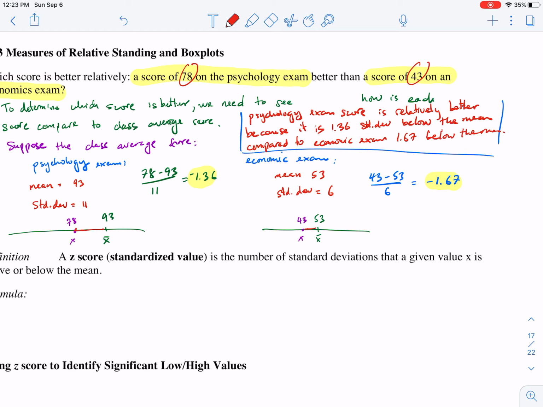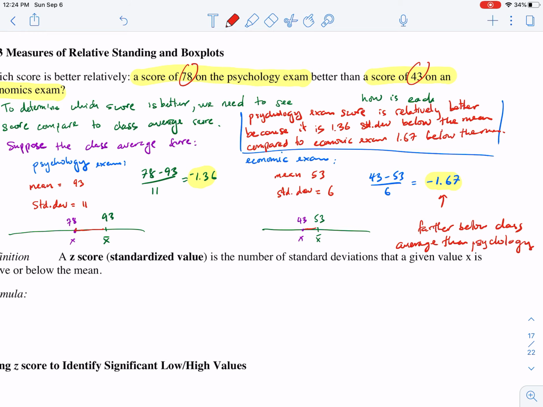In other words, this score here is farther below the class average than the psychology exam. That's why it's better, not because it's lower or higher.